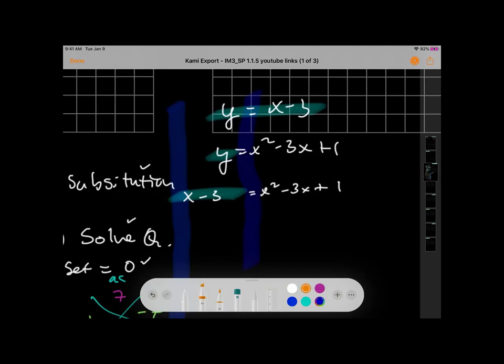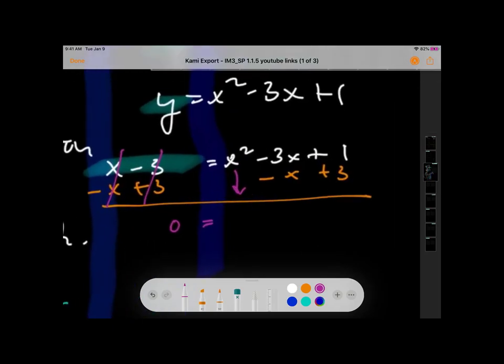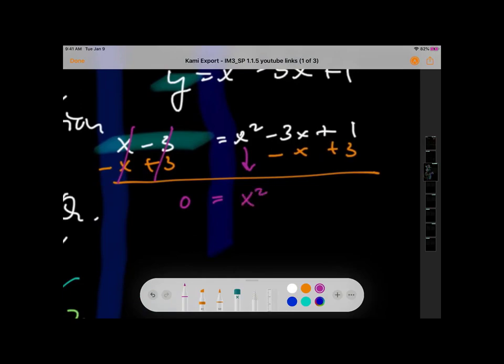So let's do the opposites, the inverses. So opposite of positive x is a negative x, that goes right there, and opposite of negative 3 is a positive 3, goes right there. Kind of just doing 2 steps in one. So this equals 0, that equals 0. We are left with x squared minus 4x plus 4.